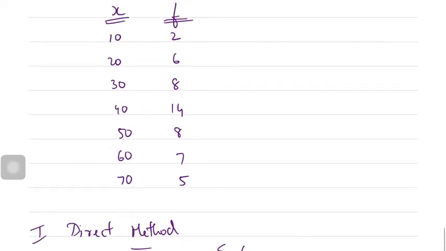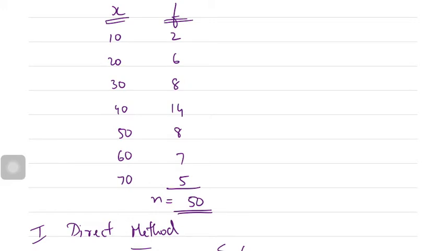So n is equal to the total of frequency. 2 plus 6 plus 8 plus 14 plus 8 plus 7 plus 5, when you total it, it comes to 50. So n is equal to 50.